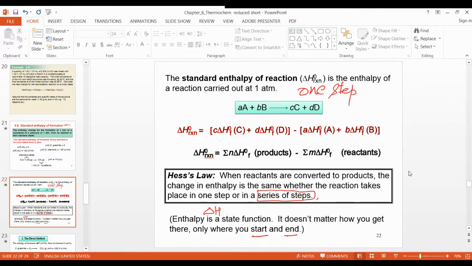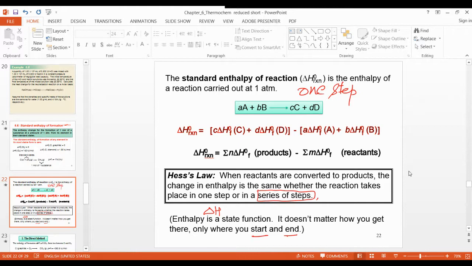So you have to arrange the series of steps, you keep all the compounds which are present in the main equation on the left hand side. If any compound is not present on the left hand side but present on the right hand side, you have to reverse the whole equation.